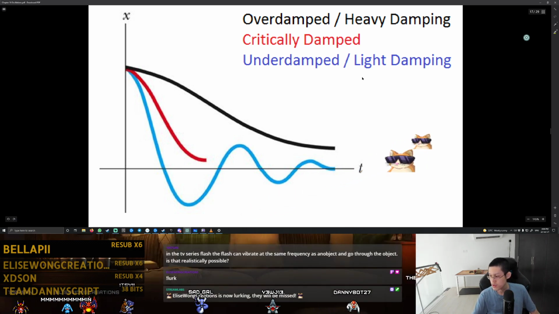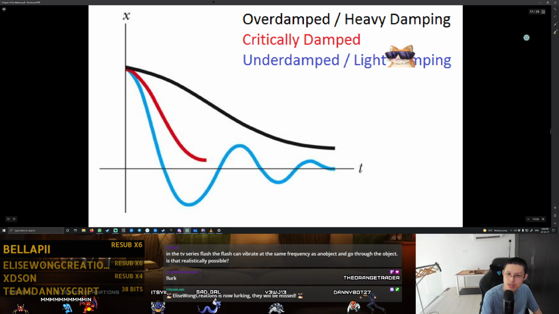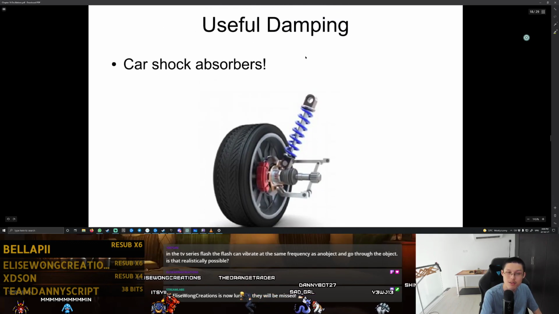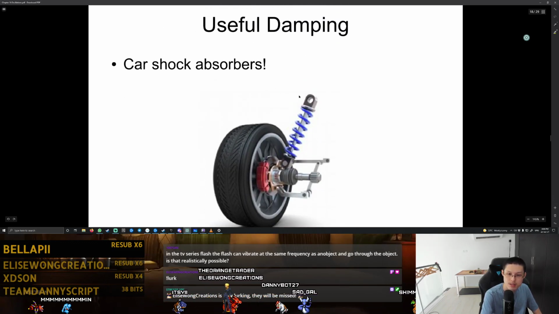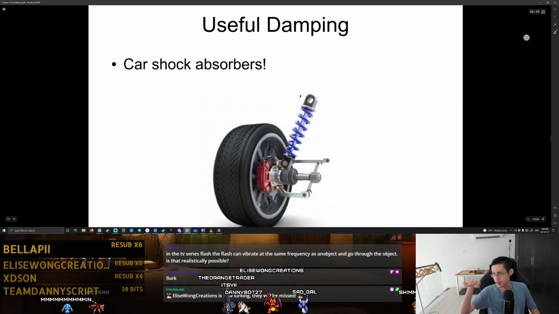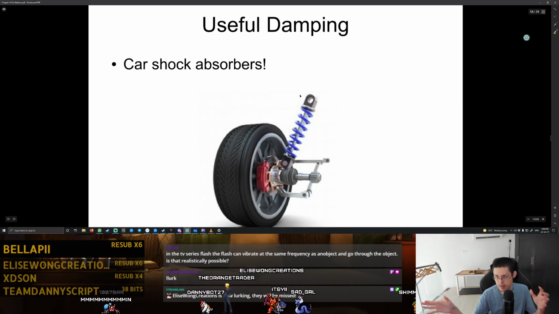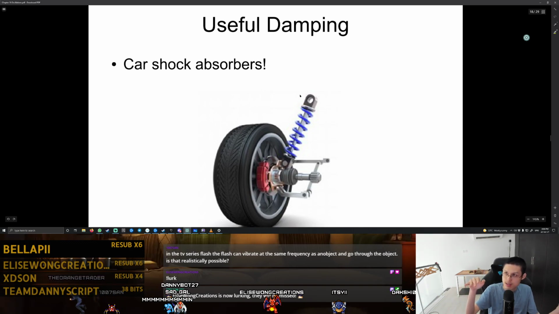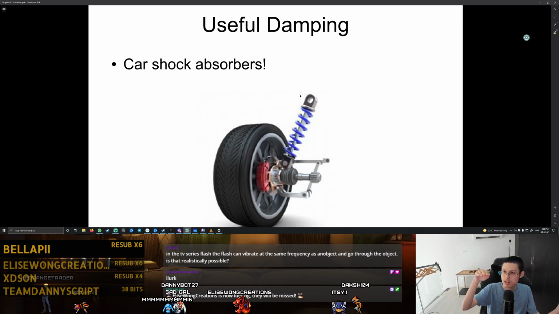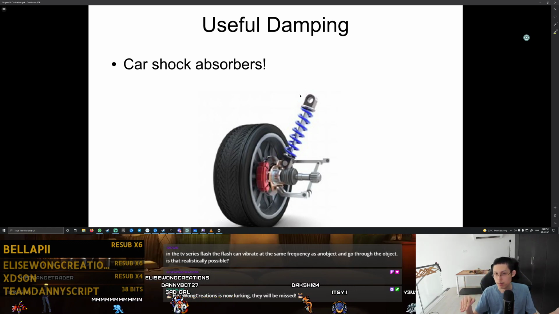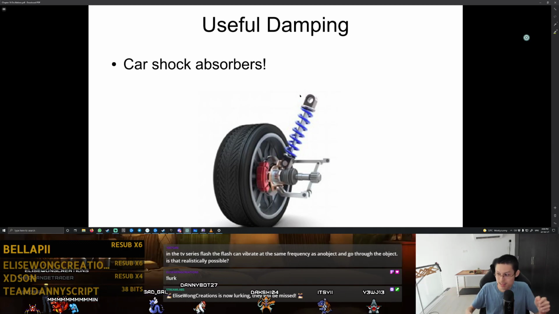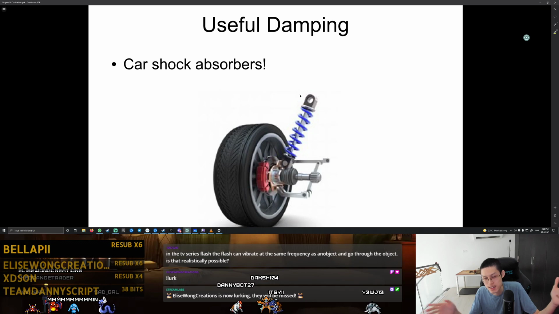In what cases do we use damping? Car shock absorbers. Imagine you're in a car, you're driving, and then you go through a particularly bumpy patch of road. If your car has no damping, when you bounce past the bumpy road, your car is going to start undergoing simple harmonic motion, which means you're going to go like this, which is of course unpleasant, right?